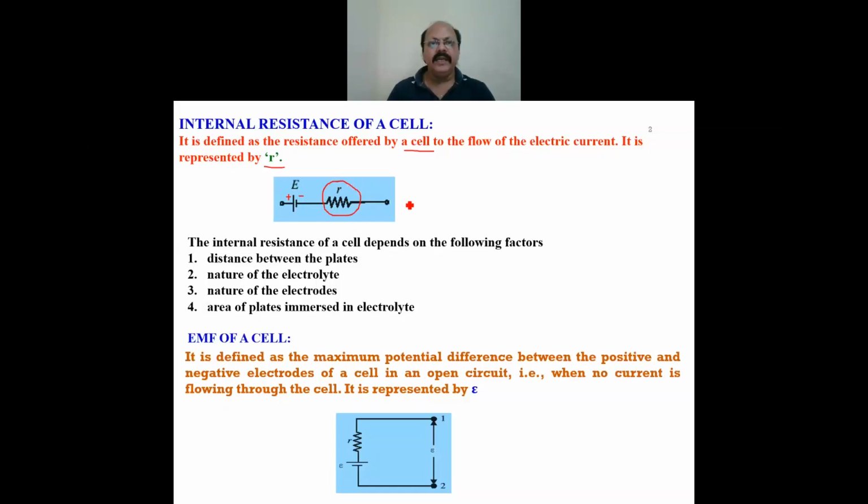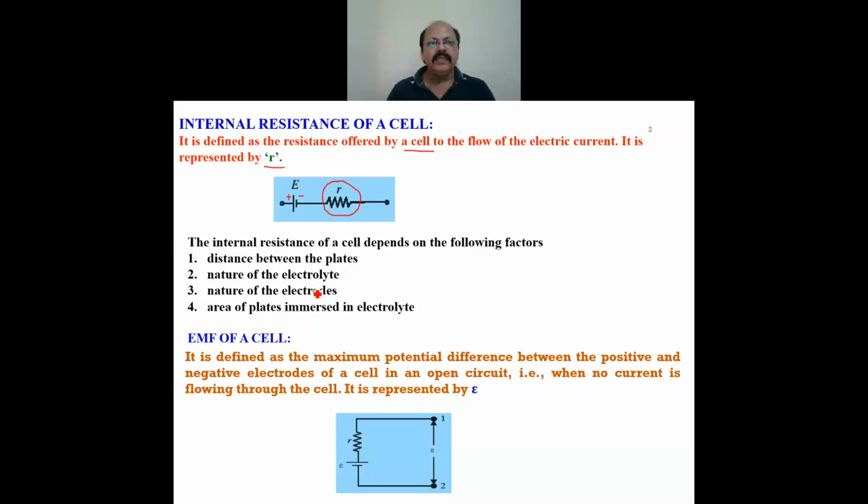Now the question arises, on what factors does the internal resistance of the cell depend. The first one is the distance between the plates, that is, the distance between the electrodes. Another one is the nature of the electrolyte that we are taking in the cell, like CuSO4, H2SO4, NH4Cl.